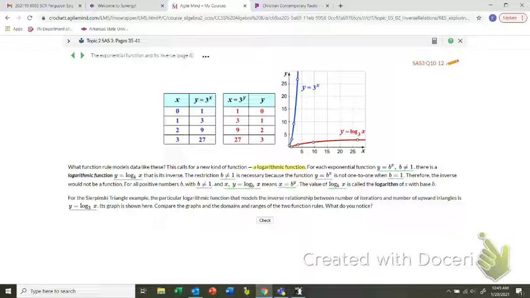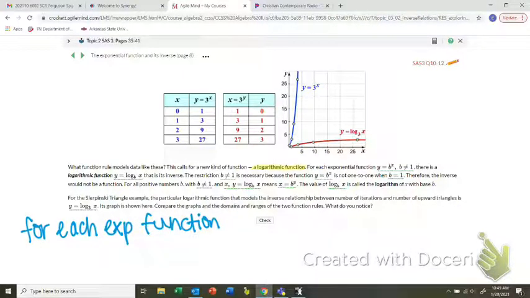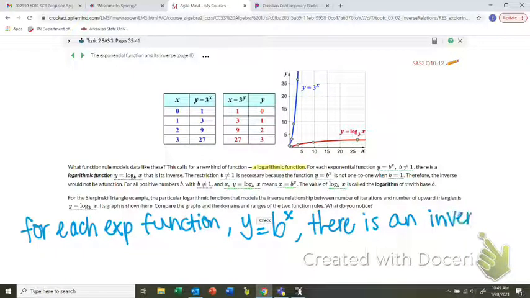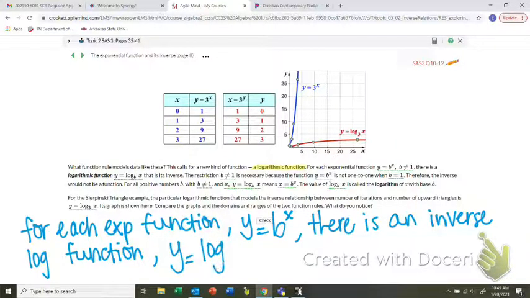All right, so what I want you to write for each exponential function, y equals b to the x, that's the exponential, there is an inverse log function, y equals log base b of x.